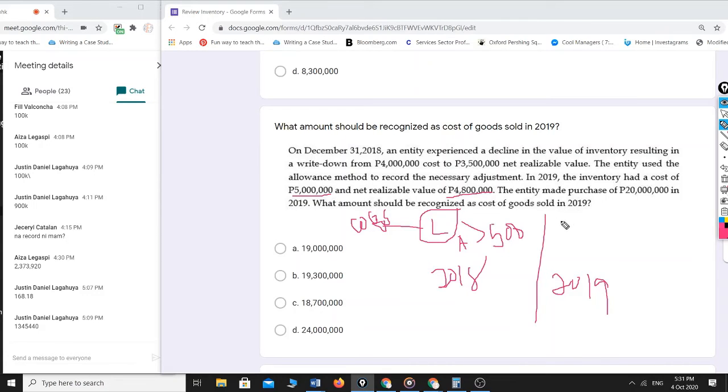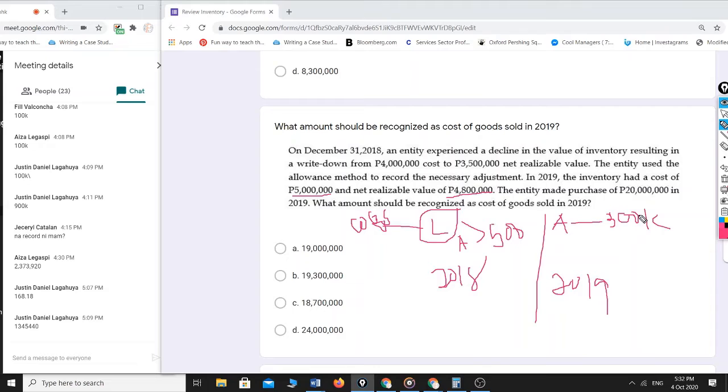That's why there is a reversal on our allowances. So i-reverse na nato na siya, guys. We debit allowance for inventory write down 200,000. Para ma 200,000, we use 300,000 as our adjustment. Diba?